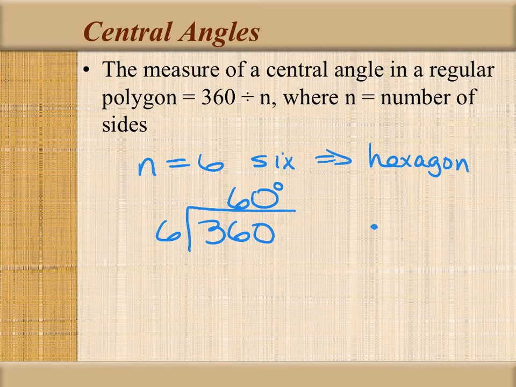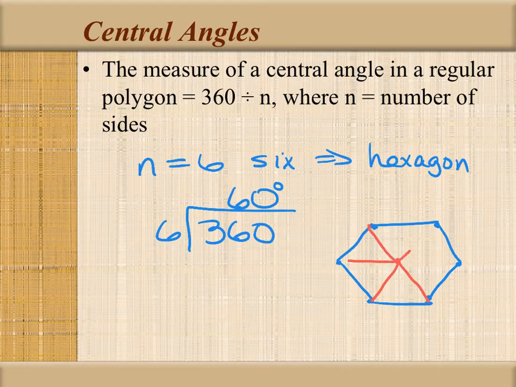So for example, if I draw another hexagon here, and I draw in my radii, each one of these central angles here has a measure of 60 degrees.